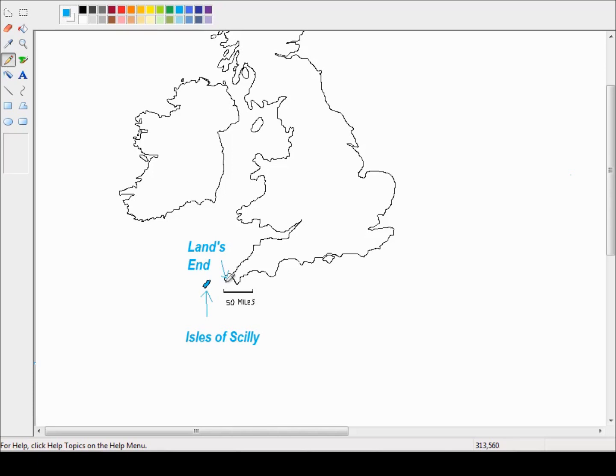In the bottom of my screen, it's actually putting Land's End at 312 pixels along the x-axis. And the y-axis is not changing by enough to make any significant difference.